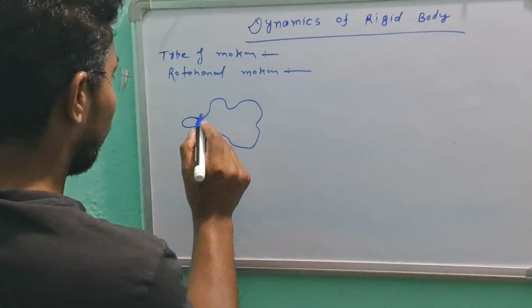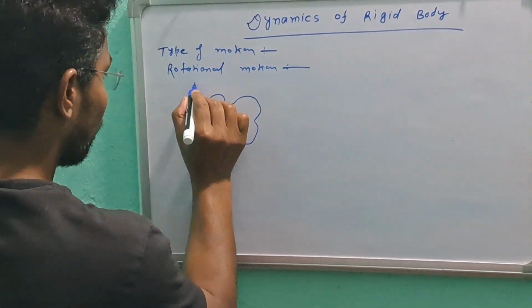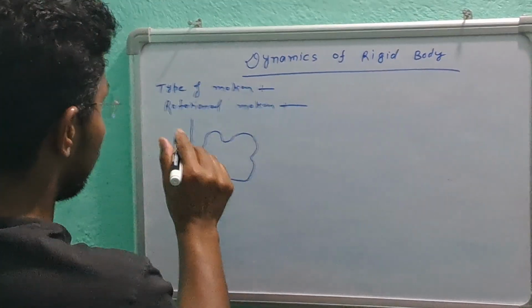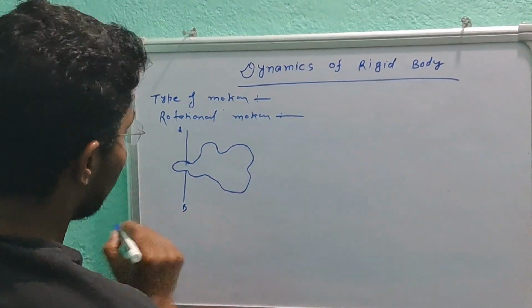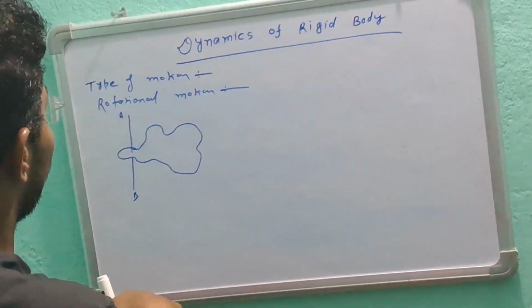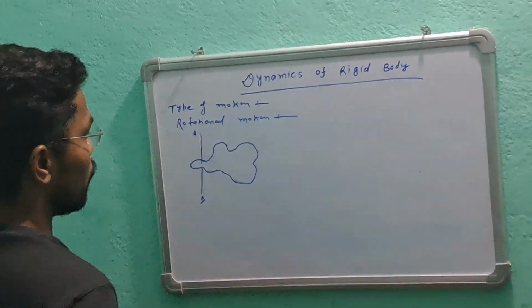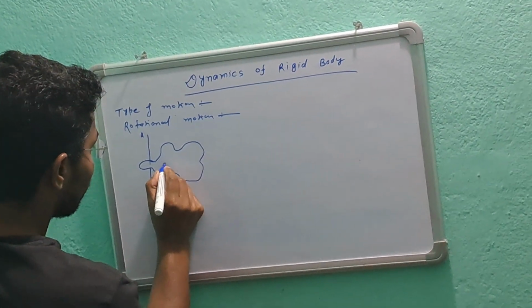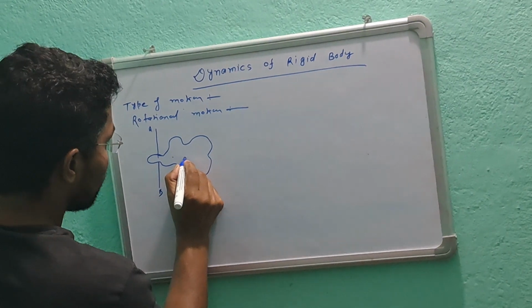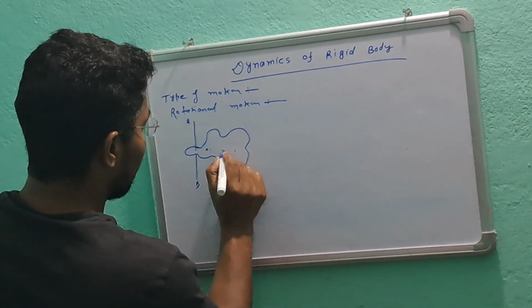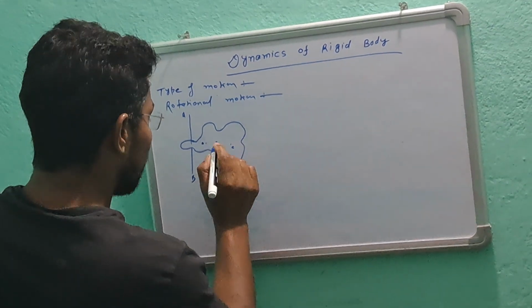This is the rigid body. This is the axis AB about which this body is following a rotational motion. Then take the points A, B, C. These are the points.